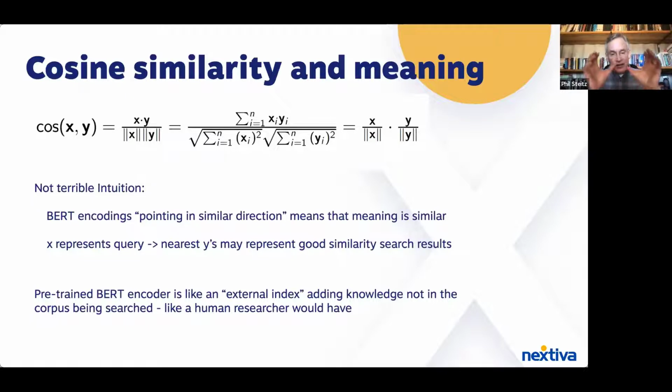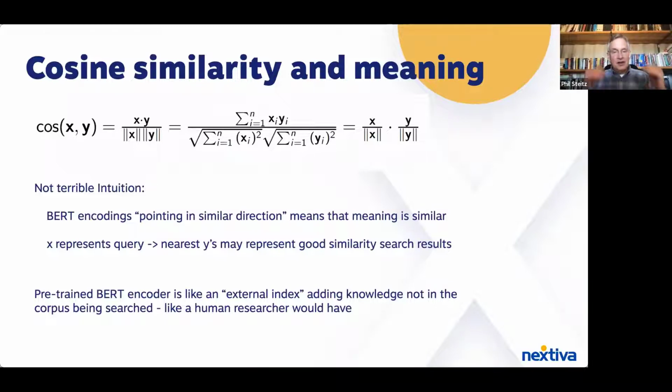The B in BERT stands for bidirectional. It's imbued with the ability to predict, to trend in the direction of where the text is going. So that's a very hand wavy description, but it turns out that it's not actually terrible.